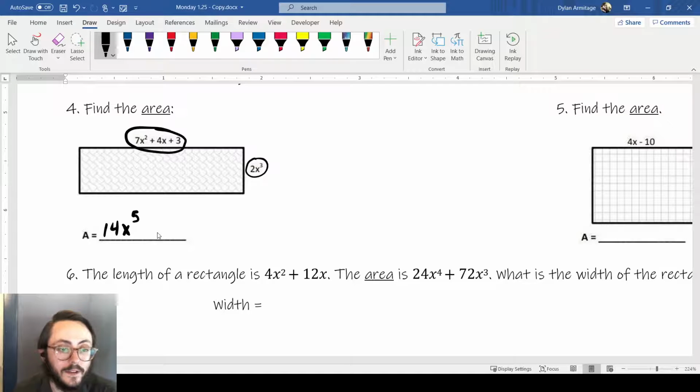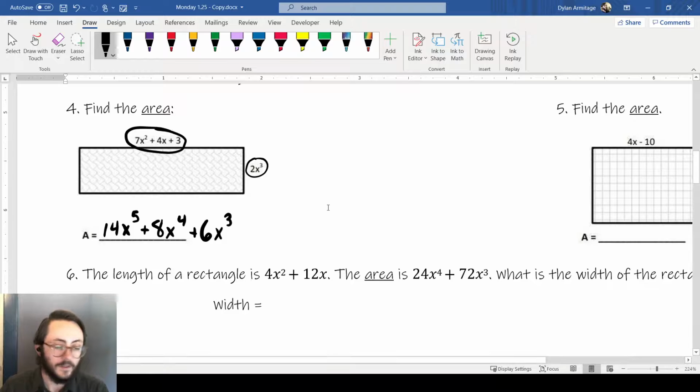Okay, you add together the exponents. 2x to the third times 4x squared would be plus 8x to the 4th. And then 2x to the third times 3 would be plus 6x to the third. So that is the area.